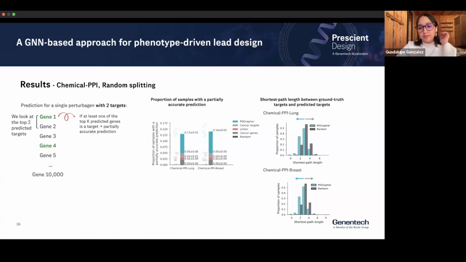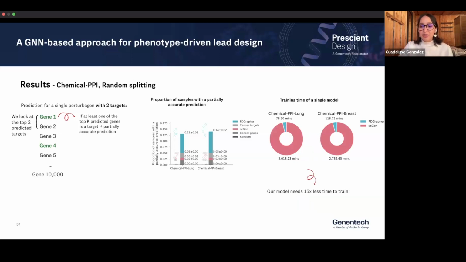And this is interesting because we know that genes that are closer in the network tend to be more similar functionally. So this is an indication that the predictions are functionally similar, even if they might not be exactly the right or specifically the correct gene.